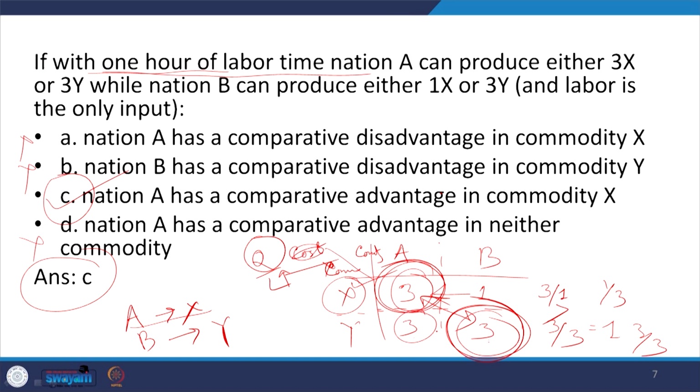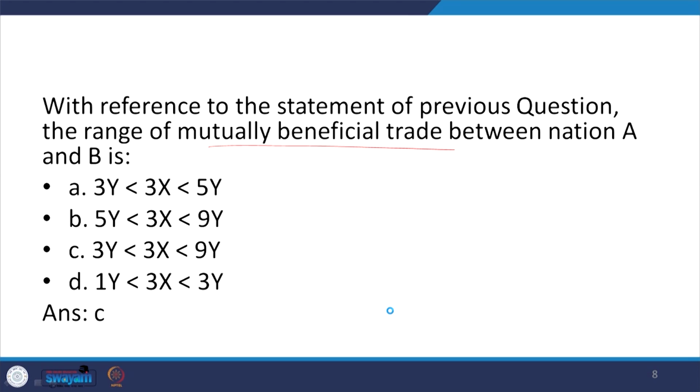So, nation A will start with bargaining. So, a minimum of 3y is required for 3x to export. Okay. So, I have given you the hint to think about. Now, 3y is required, the answer is C here. So, 3x you can imagine as y 9a. So, think about it and try to define it, and if you do not do it, we may carry forward this for further discussion in the doubt class.